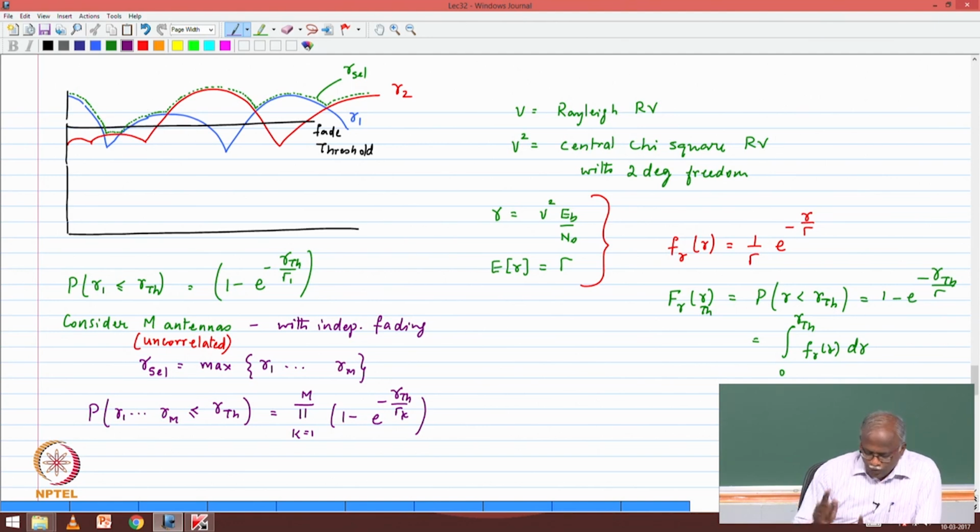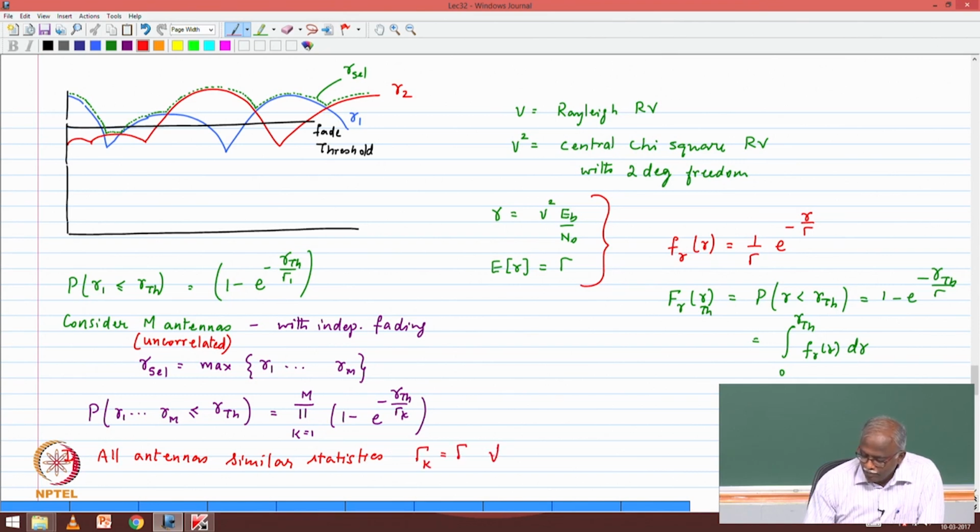Okay. Just one more step and we start to get some very, very interesting results. The interesting results start to emerge here with the first assumption, where we say that if all antennas are equally strong, or have similar statistics, that's the same as saying gamma k is equal to gamma for all values of k.